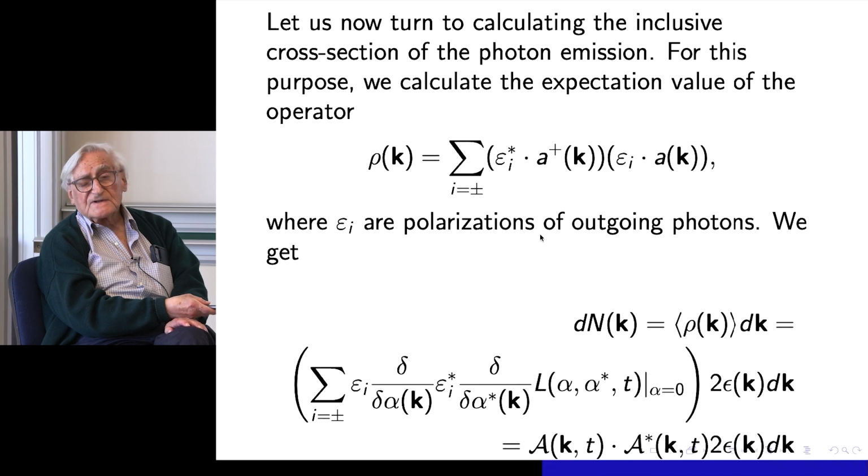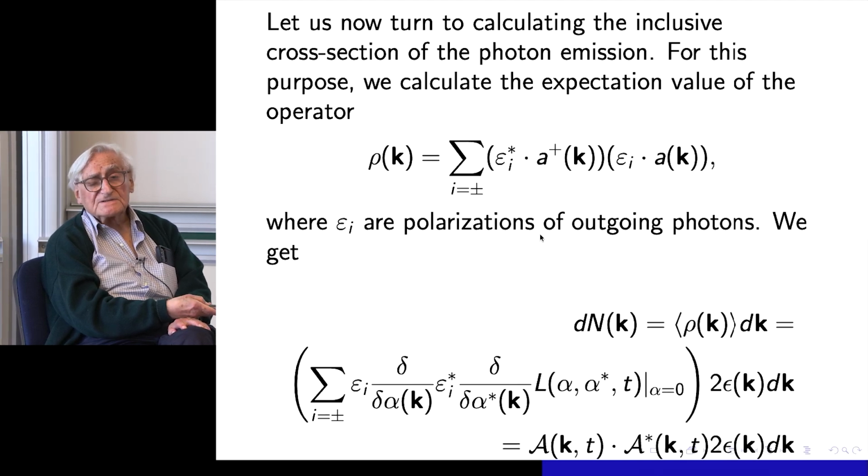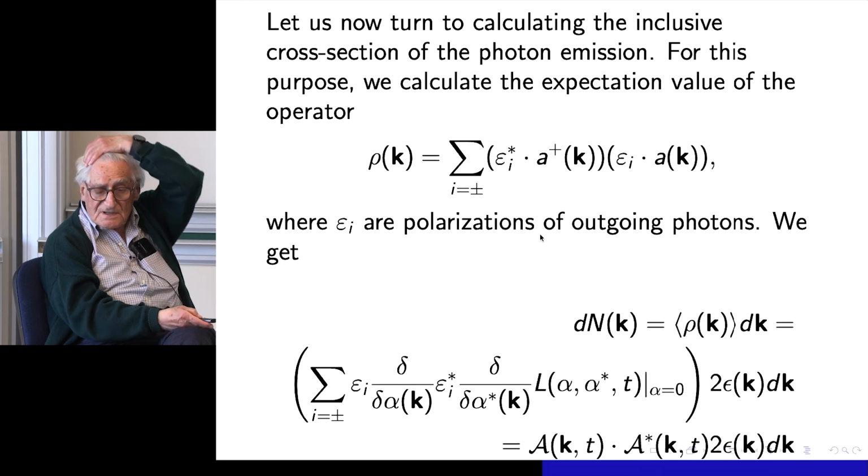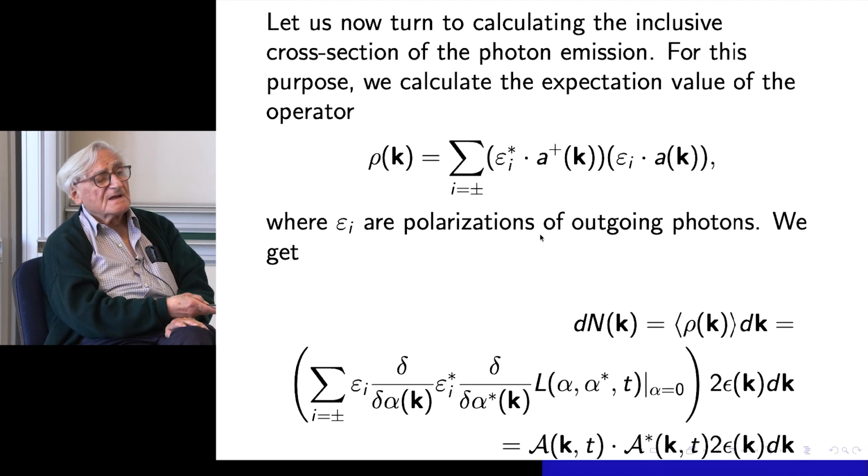To calculate the inclusive cross-section, you have particles with operators A, K, A star K, creation and annihilation operators, and you should simply calculate, say that A star K, AK is the number of particles.